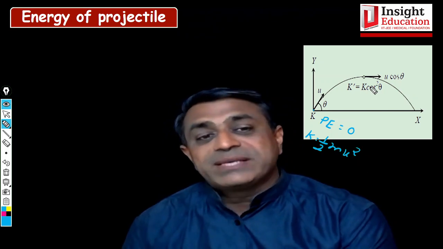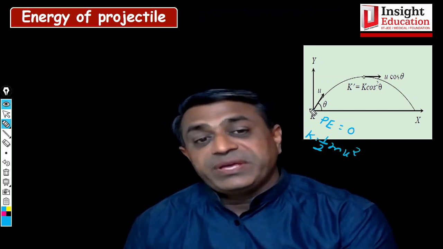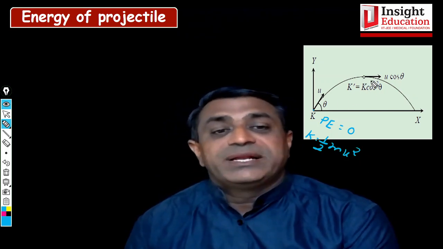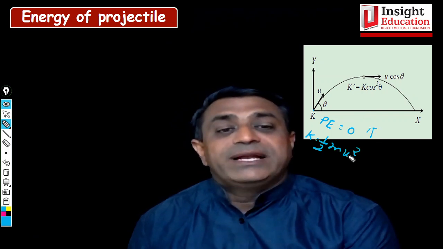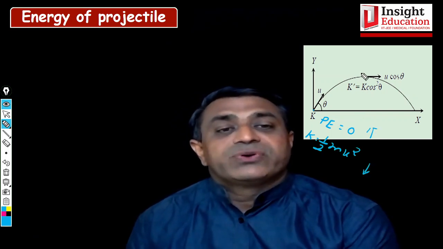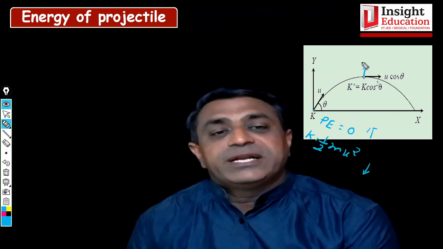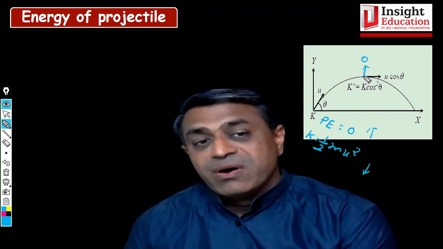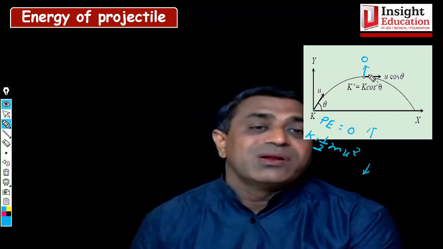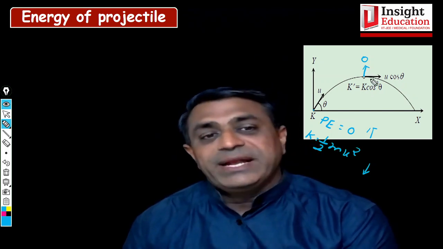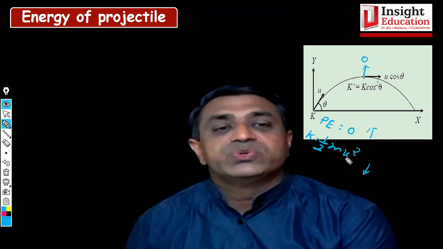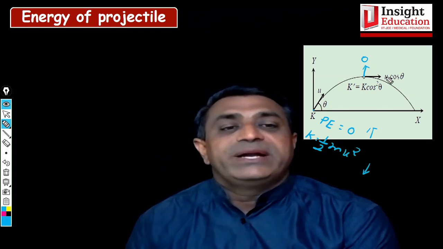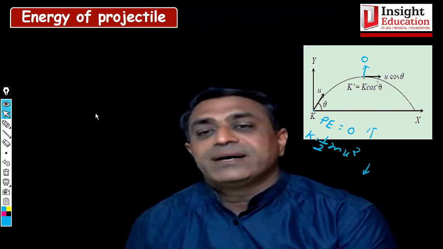Okay, at the maximum height, with increase in height, potential energy increases and kinetic energy decreases. At the highest point, the vertical component of velocity is 0, but the horizontal component is not 0. So kinetic energy is 1/2 m v square, and instead of u, write u cos theta.